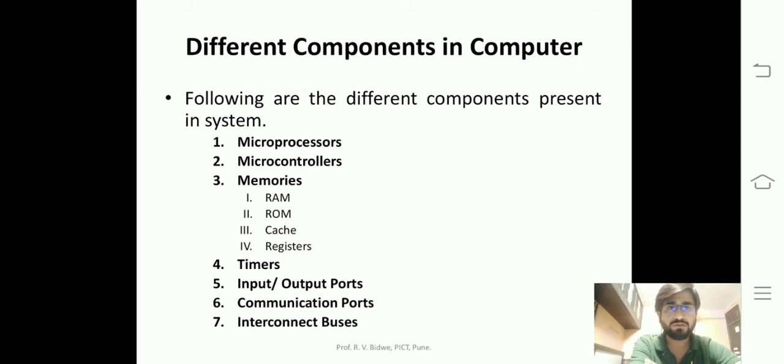So we will start with the first two, processors and controllers, microprocessor and microcontroller. If you ask me what is the difference between a microprocessor and a microcontroller: a microprocessor is present in a computer, and microcontrollers are present in devices like a fan or washing machine.